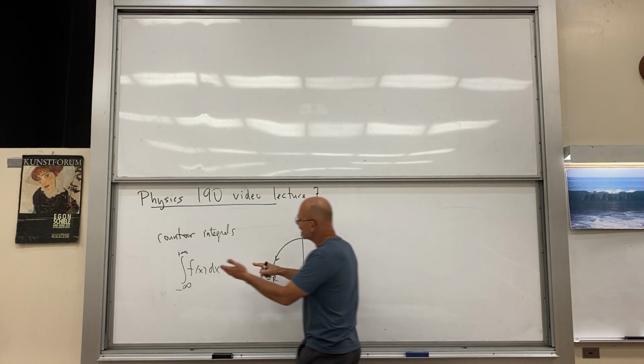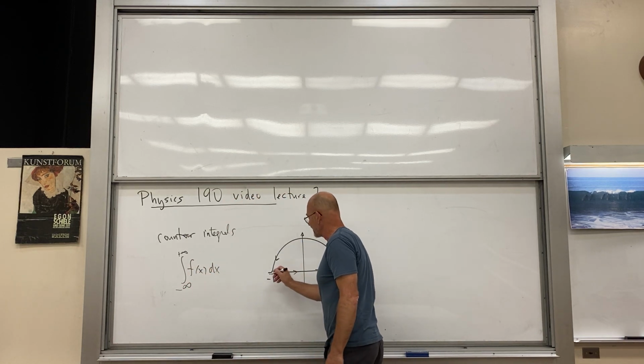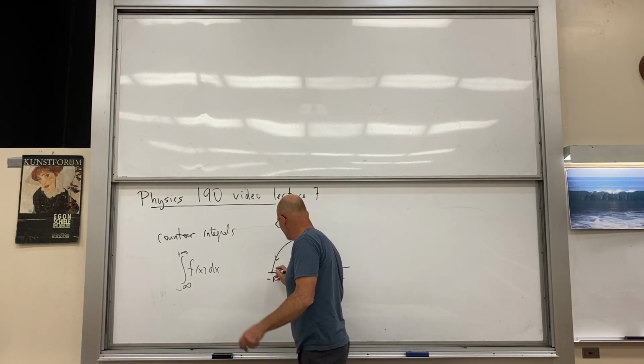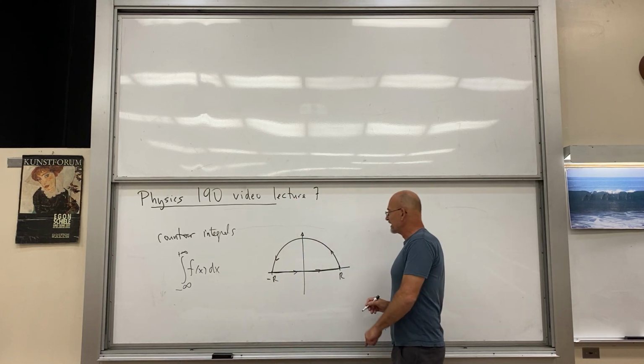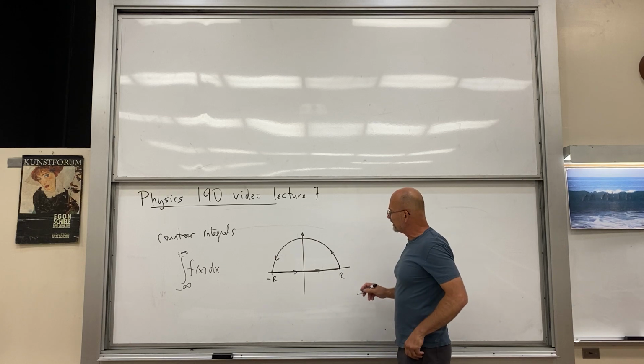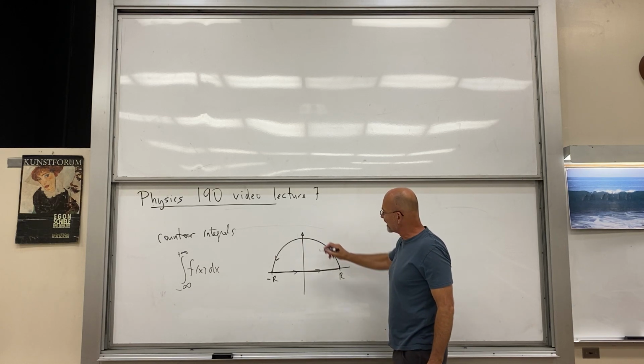So the integral we're looking for is this one, and that's the limit as r goes to infinity. So there's our real integral. The entire integral vanishes if you take it around the complex plane.